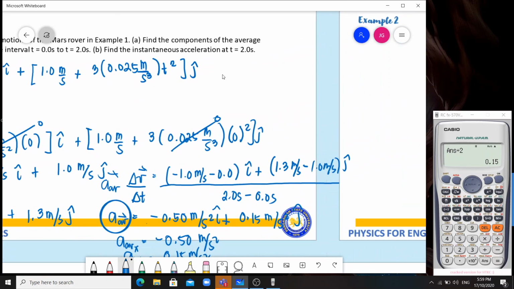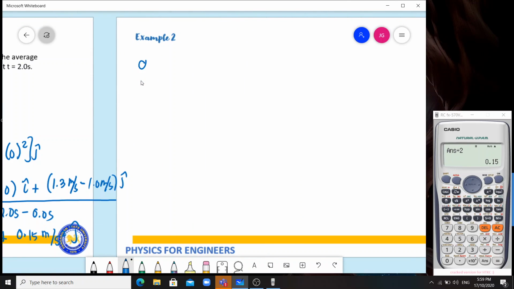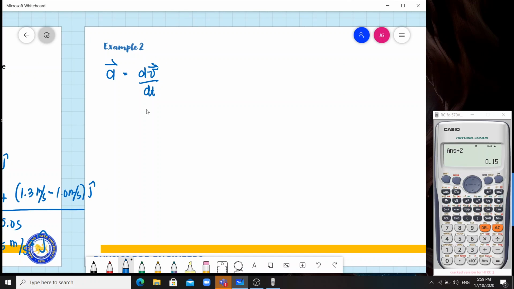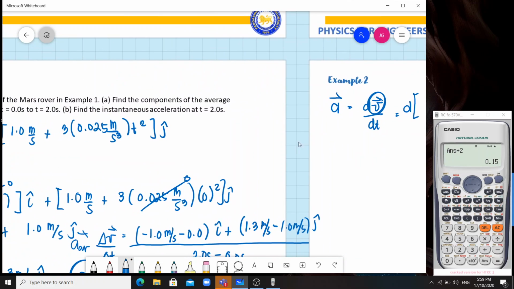Find the instantaneous acceleration at 2 seconds. Di ba, ang instantaneous acceleration is equivalent to dv over dt. Meron na tayo nito kanina, so we just have to derive that. Ano na ulit yung vector na yan?